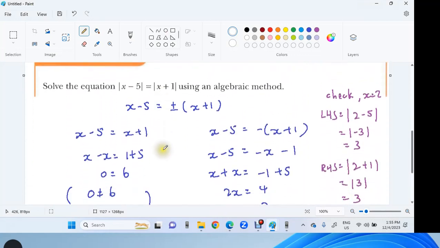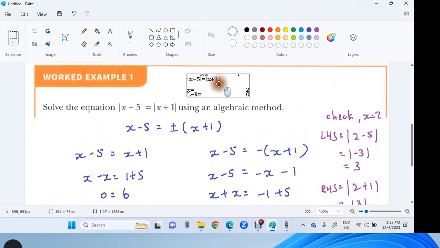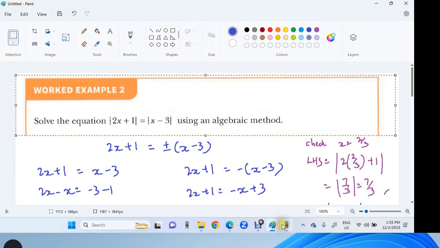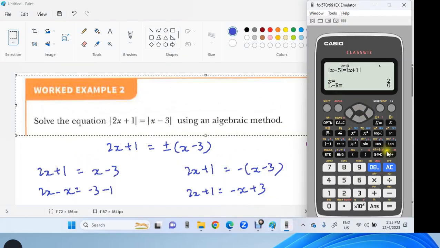Any equation you can do, but there is one weakness for this solve. It can return one only.